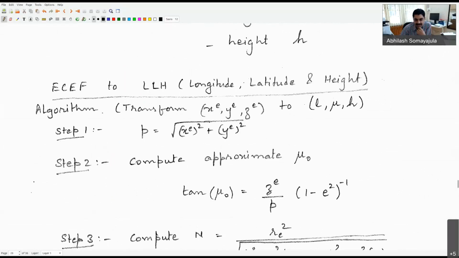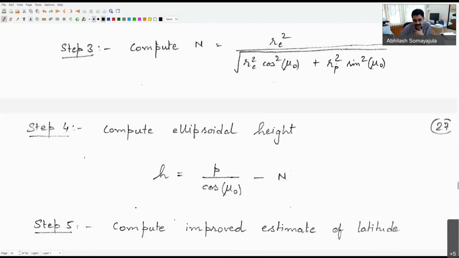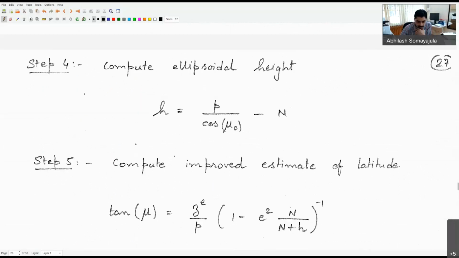So if we know the XE, YE, and ZE, we compute the L, mu, and H by following the steps of this algorithm, where it is implicit that the latitude and the height are related, which means that each depends on the other. So the mu depends on the H, and the H depends on the mu again.